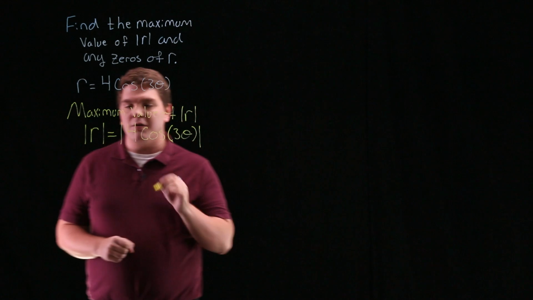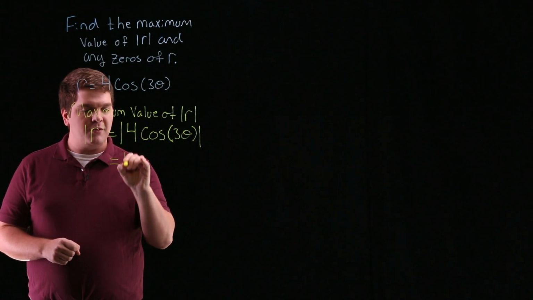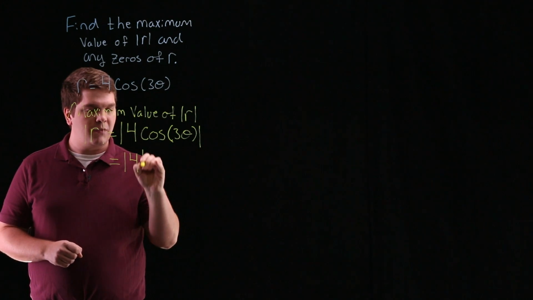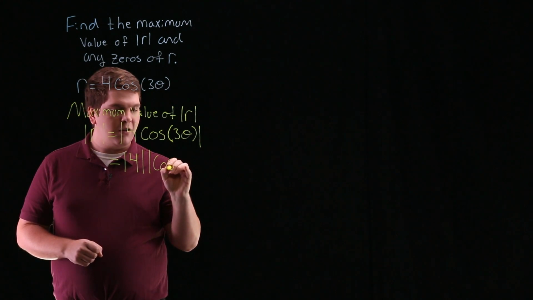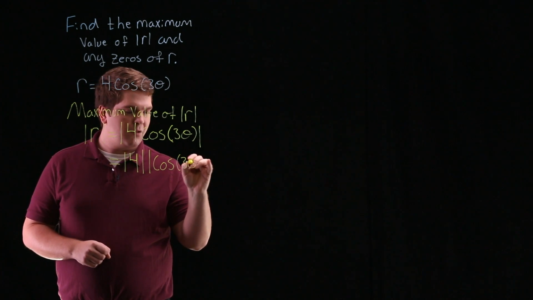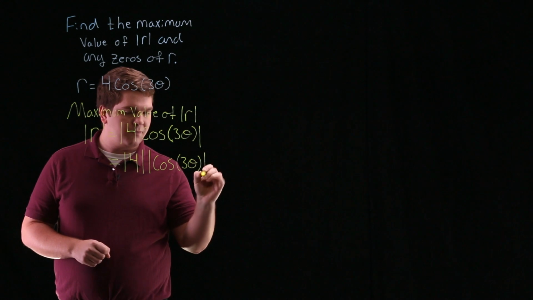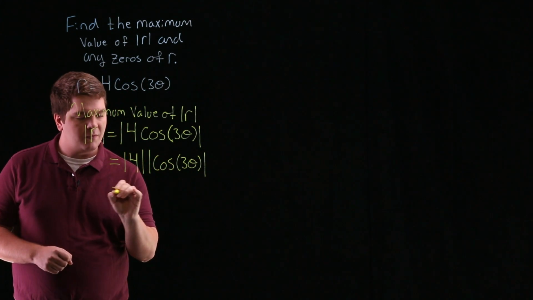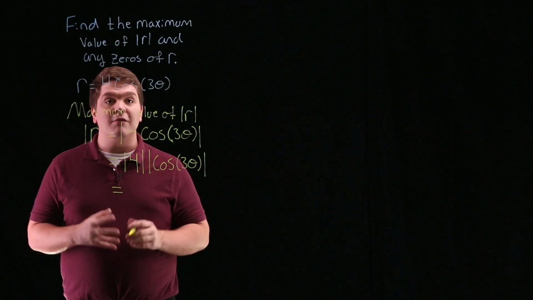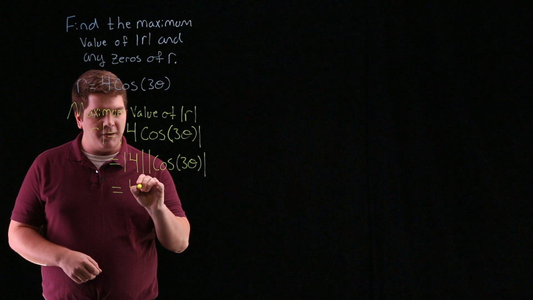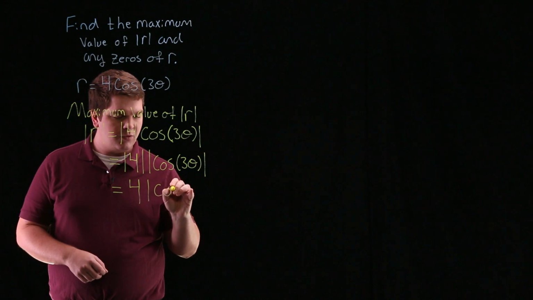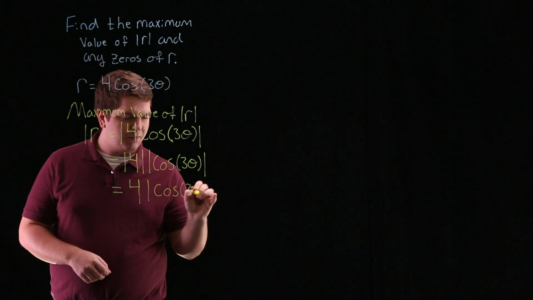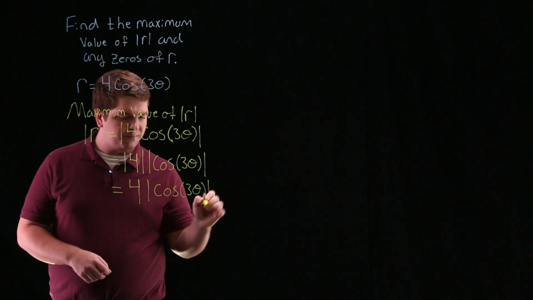Now this is equal to the absolute value of 4 times the absolute value of cosine of 3 theta. And the absolute value of 4 is 4, so this is equal to 4 times the absolute value of cosine of 3 theta.